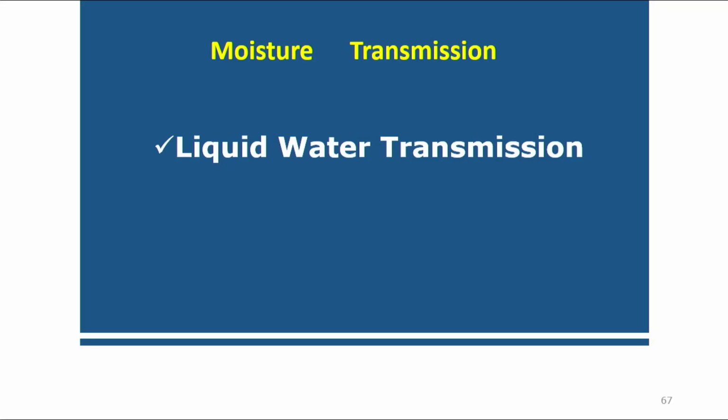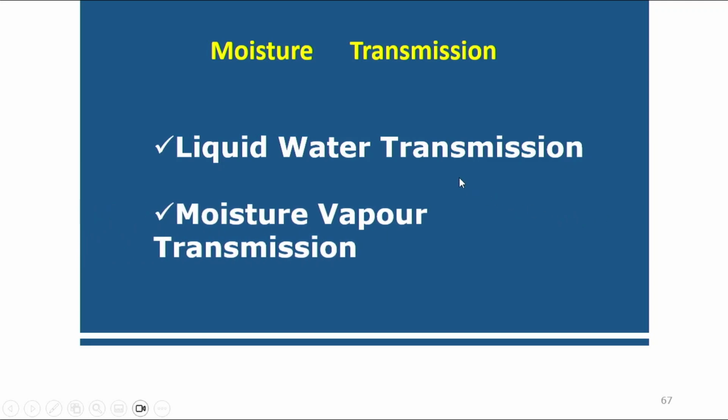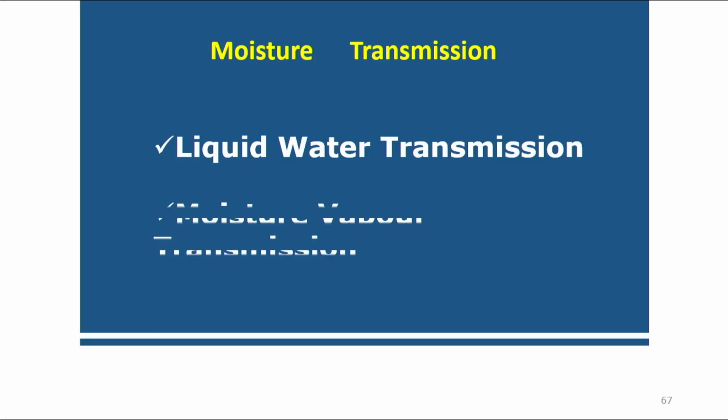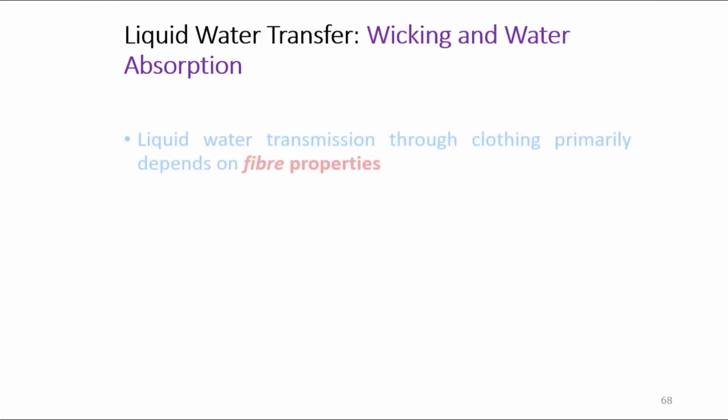Now, after this neurophysiological aspect, comes moisture transmission. It has two aspects: one is in liquid form, another is in vapor form. First let us discuss liquid transmission.